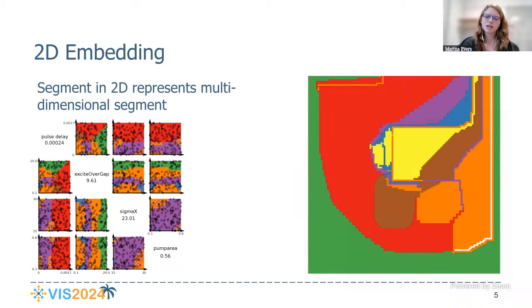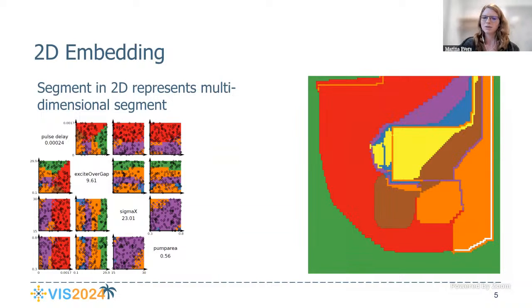So before I explain our algorithm in detail, let's have a look at an example. Here we see again the 4D parameter space we've seen before, but we also see a 2D embedding of the parameter space as we propose in our paper. In this visualization, we can see, for example, additional segments such as this yellow one that weren't present in the selected slices we can see on the left. But we can also see which segments are connected.